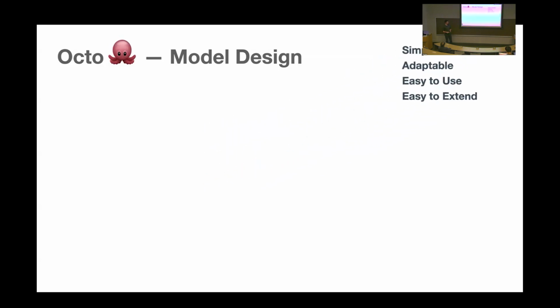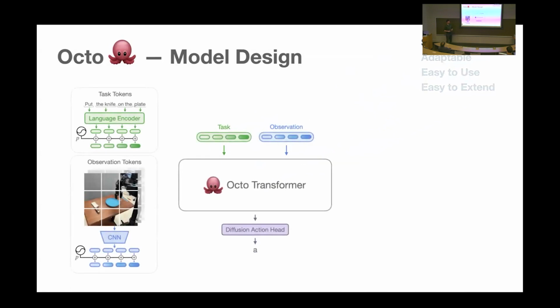All right, so let's look into these points a little bit more. On the architecture side, the Octo transformer is basically a fairly straightforward transformer model, as you would imagine. So it has a language encoder. That thing is pre-trained and frozen, and essentially tokenizes your language inputs. And then it has an observation tokenizer that takes care of image style inputs, both current observation and also goal observations.